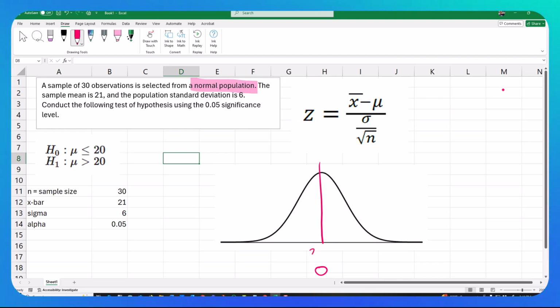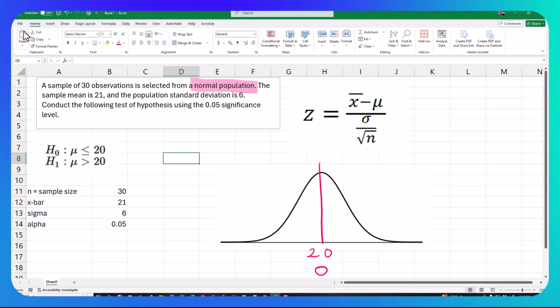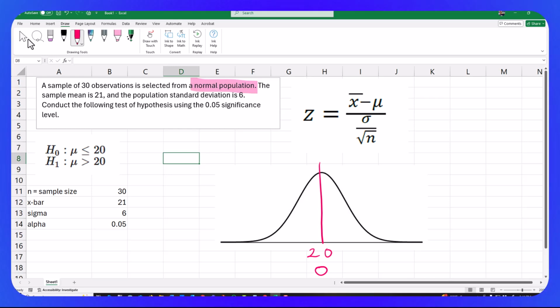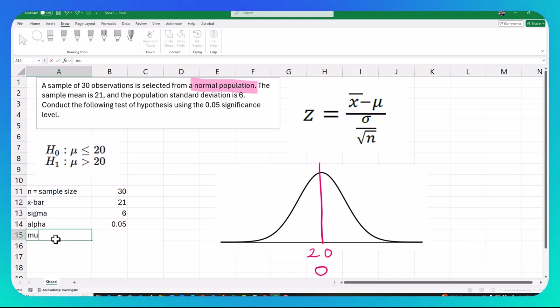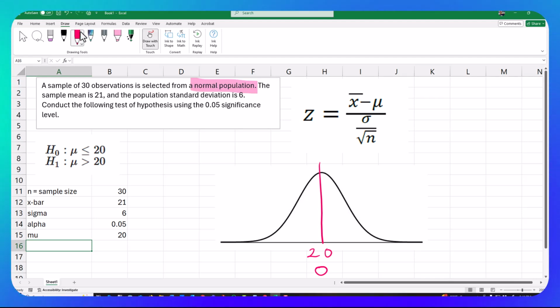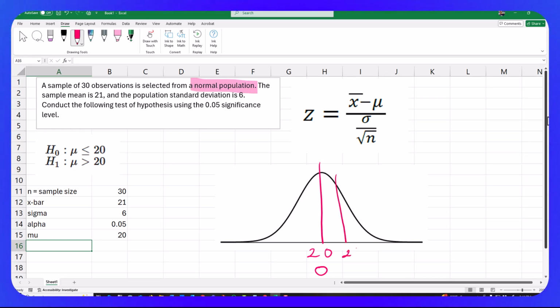Mu is 20, and this is always in our hypothesis. We went out and got a sample that was at 21, and we want to figure out: is there statistical significance, or is this too far away?